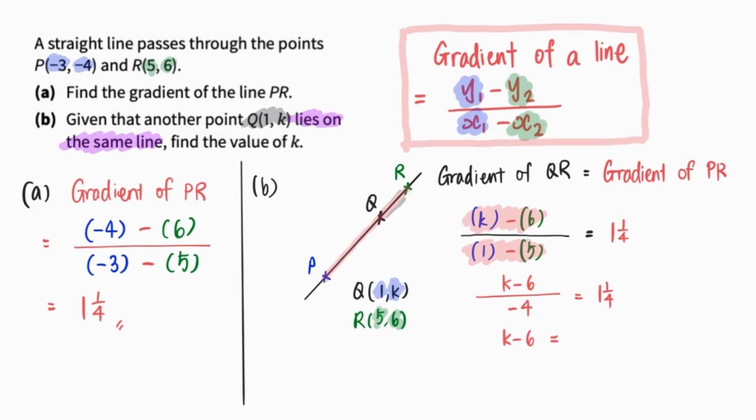That will give me a value of negative 5. I multiplied by negative 4 on both sides. And final answer, K will be equal to negative 5 plus 6, because I would have plus 6 on both sides. Final answer, K equals 1.